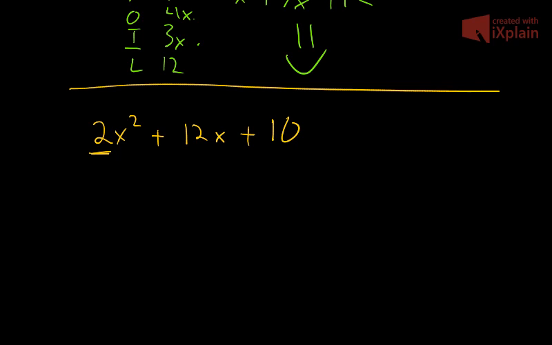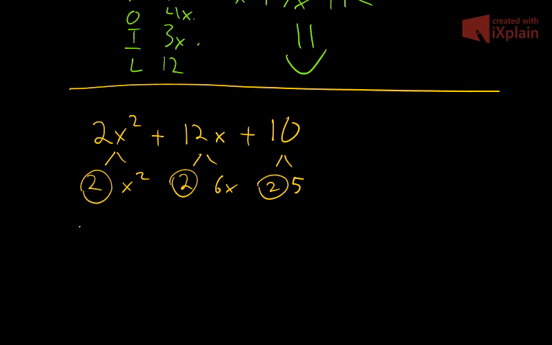So if I factor out this 2, the way I do that is by doing a factor tree of each. This is 2 times x squared, 12x, I know I'm only going to be able to pull out a 2, so I'm just going to make this a 2 times 6x. And 10 is going to be 2 times 5. I know I can pull this 2 out. It's going to have 2 times x squared plus 6x plus 5.